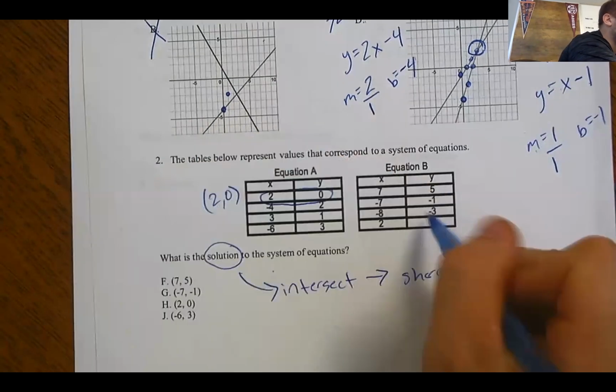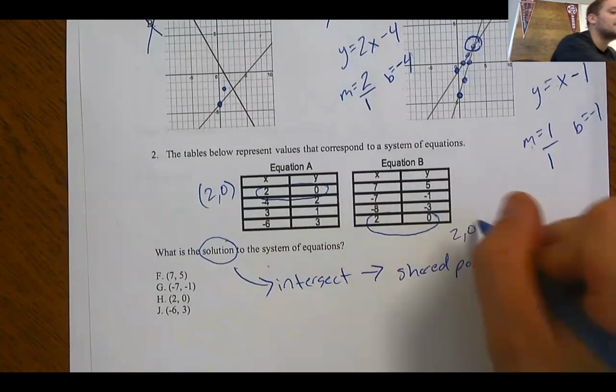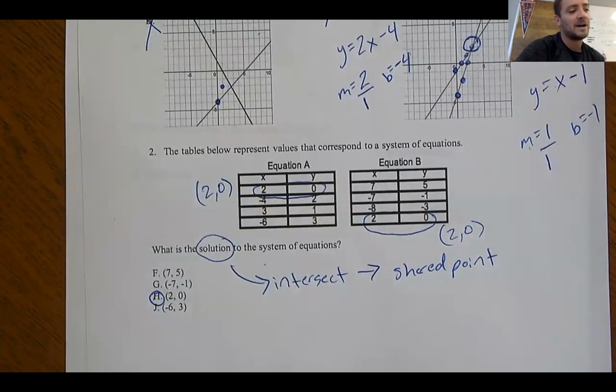And this table has the point (2, 0). Both of these lines go through the point (2, 0), which means that's where they intersect. And the intersection is where our solution is for a system of equations. So H is the only viable answer in this case. Okay? All right, moving on.